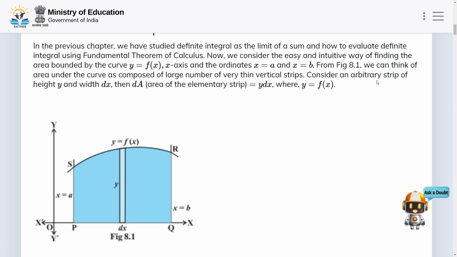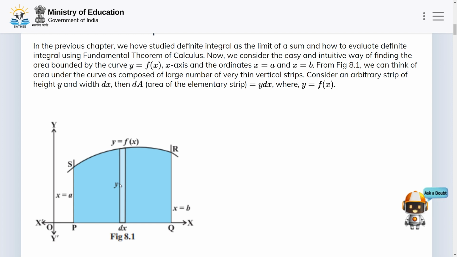So consider an arbitrary strip of height y and width dx, as I have already told you. The area of this single small strip is dA.